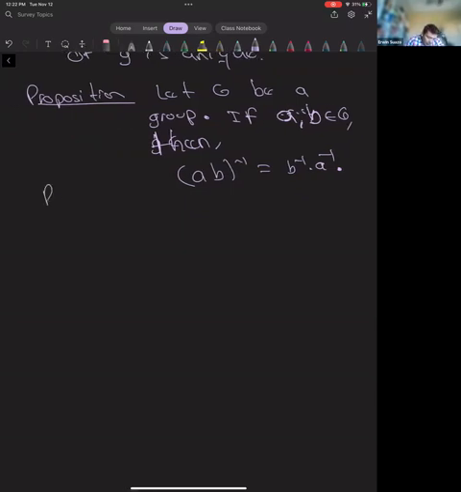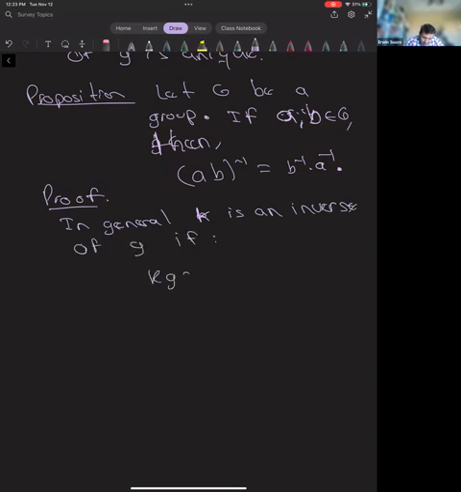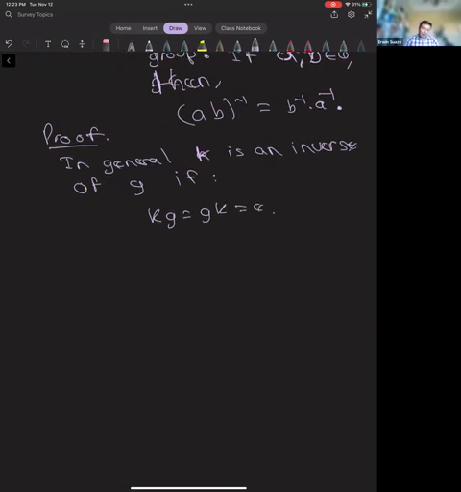So we need to prove the three properties, right? In general, let's put it like this: K is an inverse of G if KG equals GK equals the identity. Okay, so that's what we need to do.